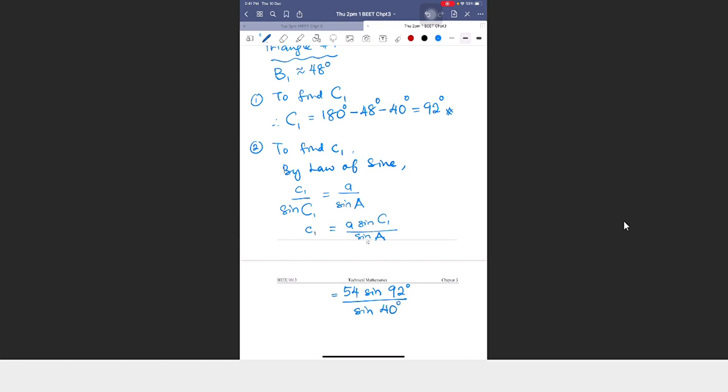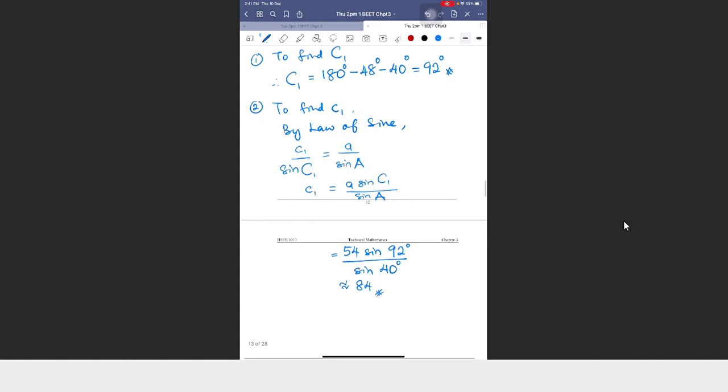If you use your calculator, approximately, rounded to the nearest length, it will be 84 units. So that is my c1, and that is my solution for triangle number 1.